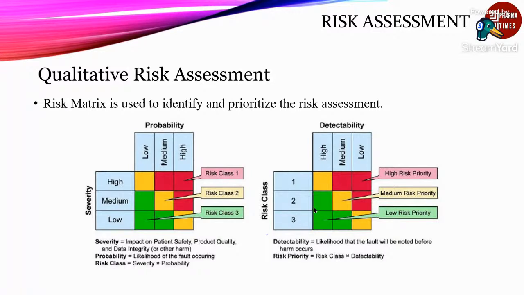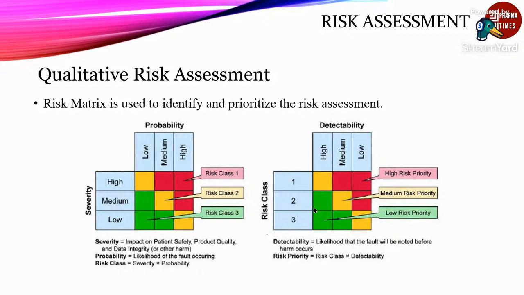Then moving to the right side, it defines risk class and detectability. Based on the first picture, you define risk class 1, 2, and 3. Based on risk class 1, 2, and 3, you have to cross it with detectability. So it makes another risk matrix.